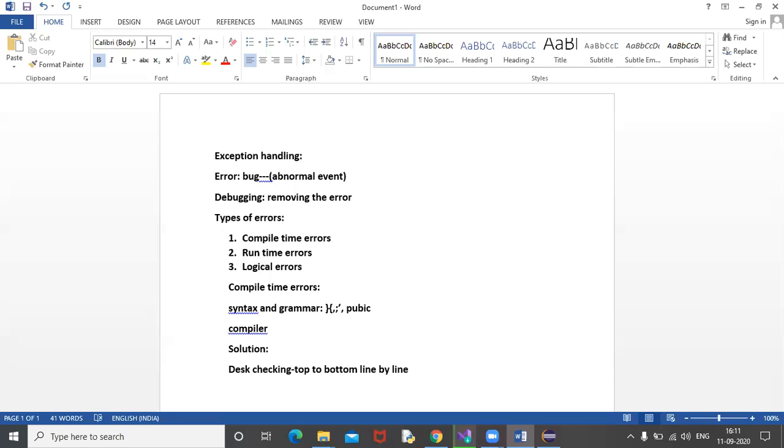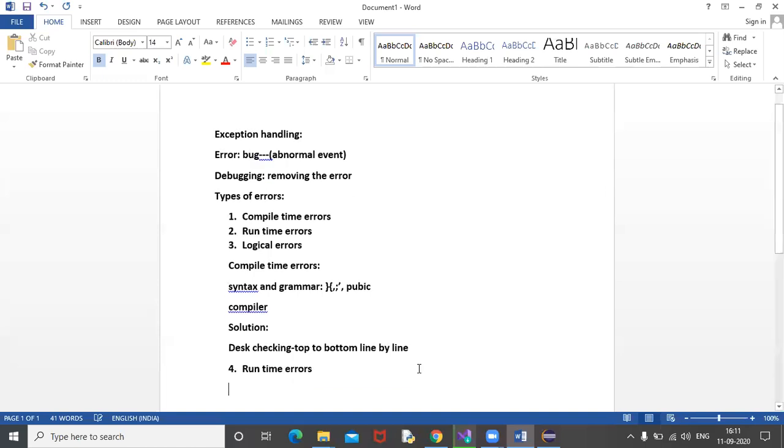Next thing is runtime errors. What are runtime errors? Let me discuss runtime, the area where we are focusing a lot. Compile time is already over, nothing but syntactical and grammatical mistakes. For that there is no special concept; we can correct that by doing desk checking, line by line, word by word.